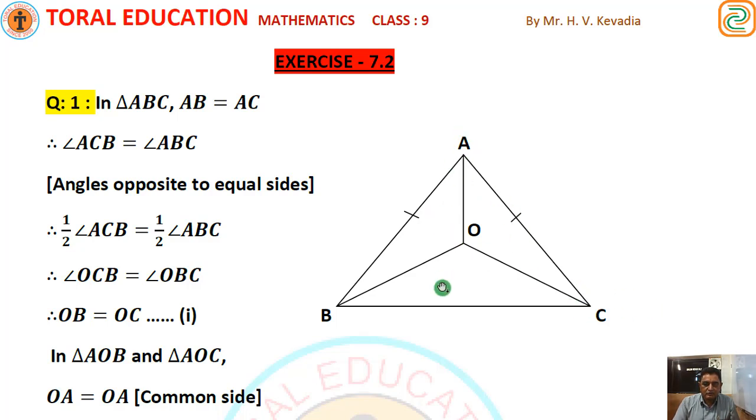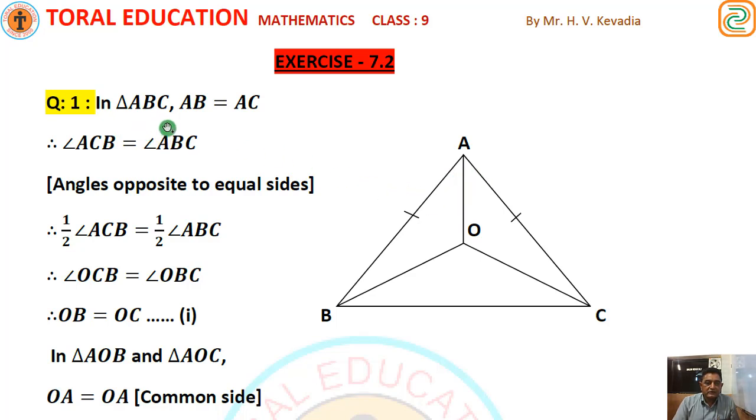Join A and O also. Show that OB equals OC as well as OA bisects angle A.